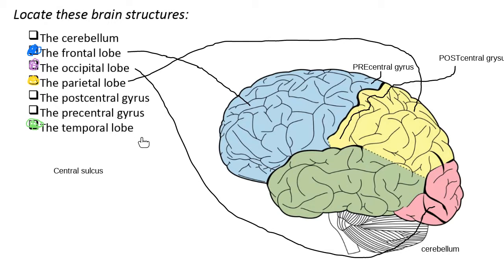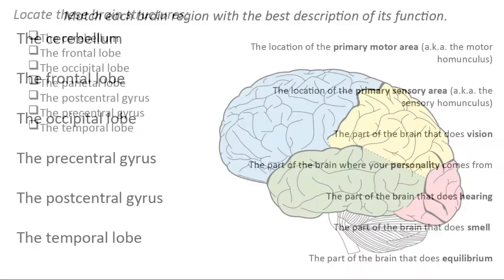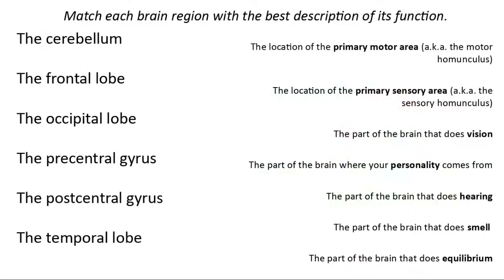Now let's remind ourselves of our lab-based functions for some of these parts of the brain. So when we're talking about the function of the cerebellum, that little cerebrum, what was kind of the key word that we said with the cerebellum? What does the cerebellum help us out with? Yeah, Christina's right.